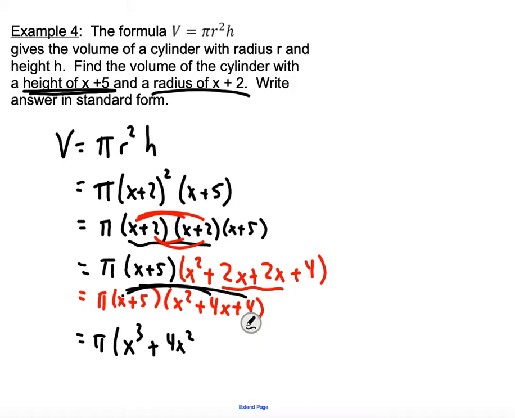X times 4 is 4x. Now we have to take the 5 and distribute it through every single term in that second set of parentheses. So 5 times x squared is 5x squared. 5 times 4x is 20x. 5 times 4, there is 20.